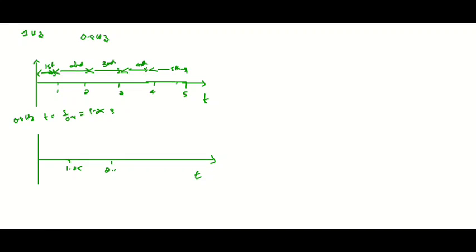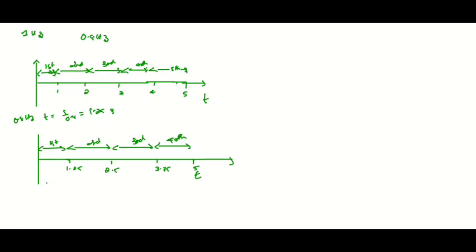Next one will be 2.5, next one will be 3.75, and the last one will be 5 itself, right? So this is our first cycle, this is our second cycle, this is our third cycle, and this is our fourth cycle.